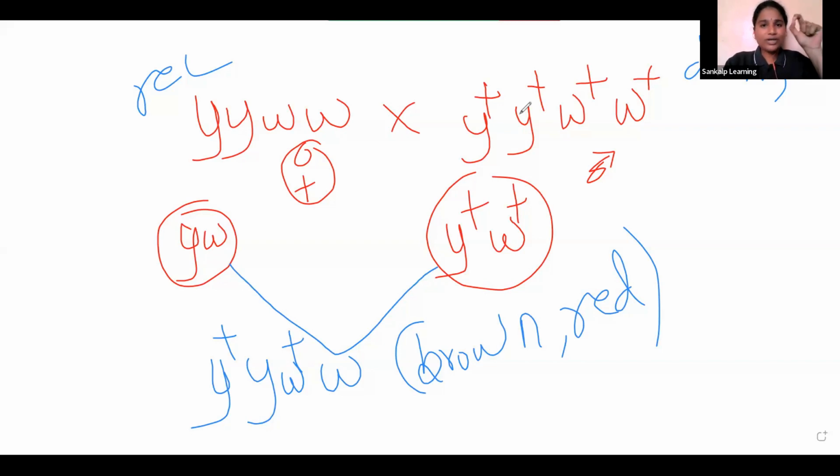That is only 1.3%. So actually, can anyone tell me the phenotypic ratio of the dihybrid cross? The normal dihybrid cross phenotypic ratio.